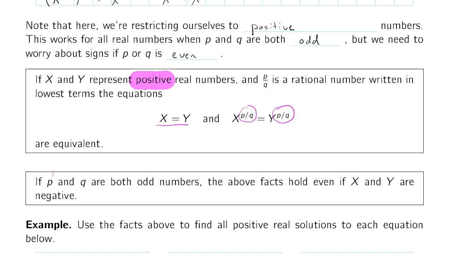When p and q are both odd, then we don't need to worry about negatives. If one of p or q is even, we need to keep in mind that both sides of our equation have to be positive. We'll use these facts to solve equations involving rational exponents in the following way.